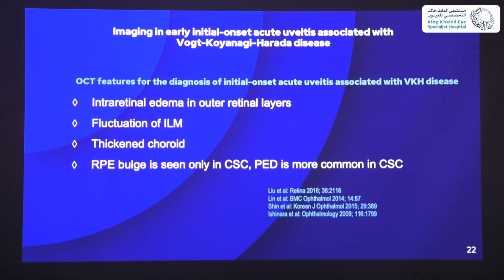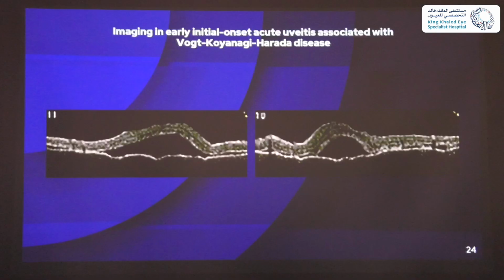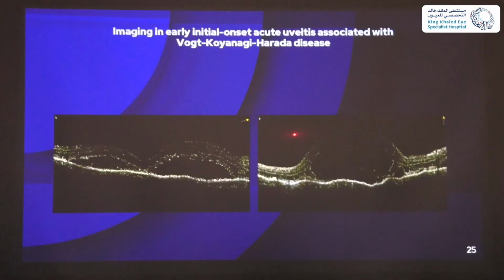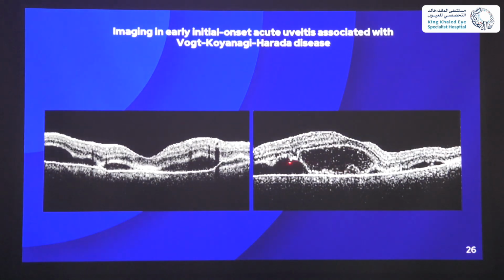I always tell this: there is no VKH without optic nerve head inflammation. So these are the examples, like the folds or undulations of the retinal pigment epithelium, like in this patient with shallow fluid, and subretinal septa, another patient with subretinal septa.